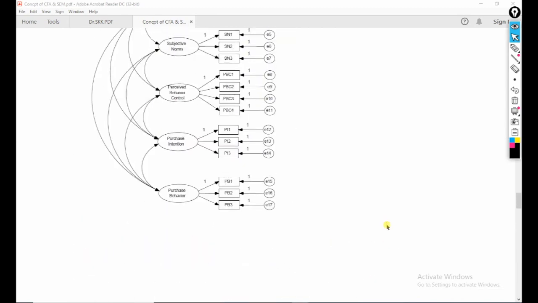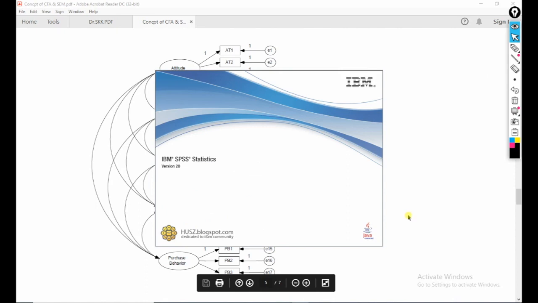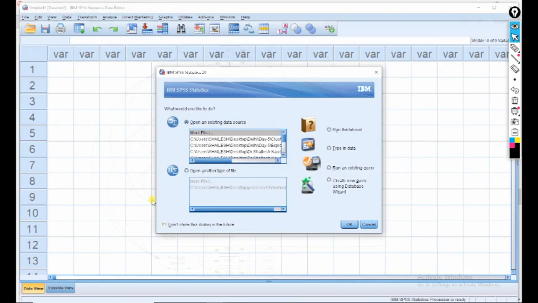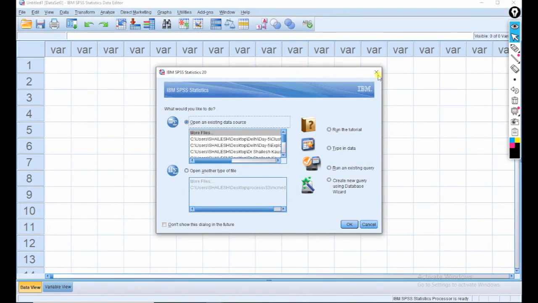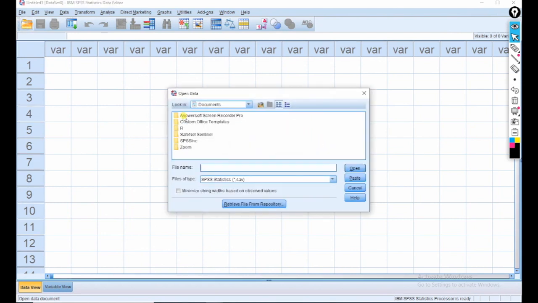With the same constructs, we identify attitude, subjective norm, which one is endogenous and which one is exogenous. I am just opening the data of this case study.